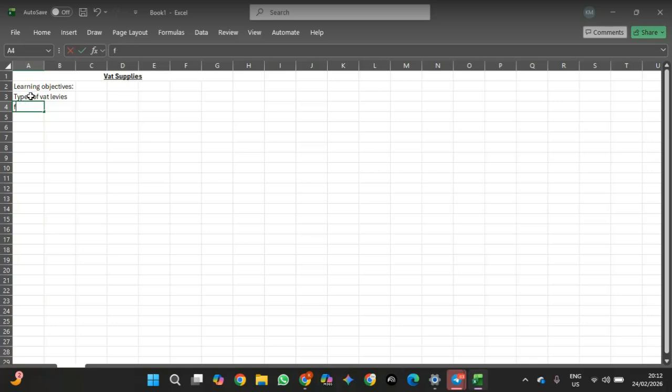Now, on the types of VAT levies, we've got 3 of them, or supplies that we have. The first one is Zero-Rated Supplies, the second one is Exempted Supplies, and the last one is the Standard Rated Supplies, right?